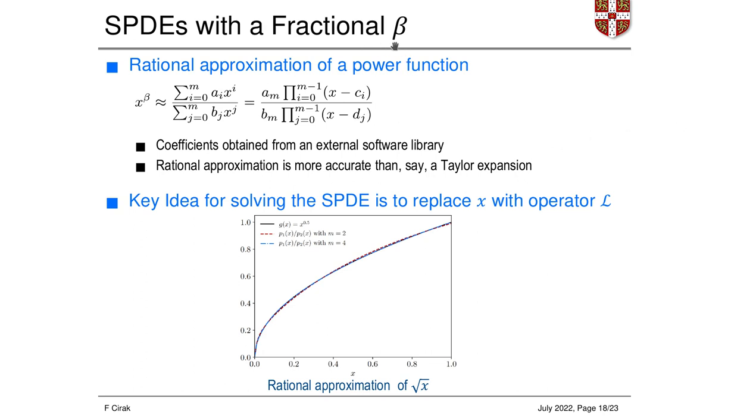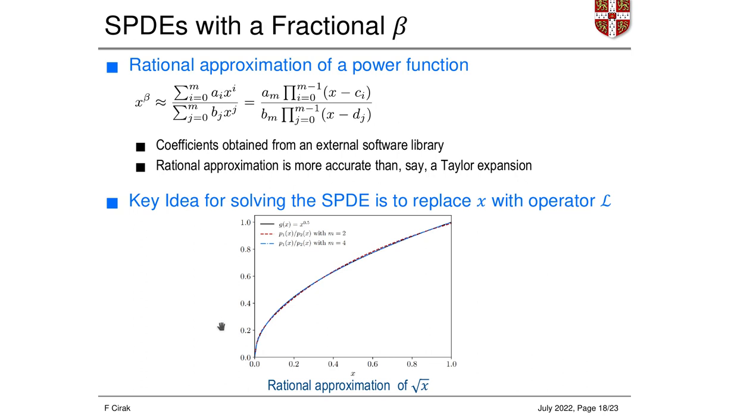beta is fractional valued. Without going into the details, our general idea is that we approximate a power function x to the power of beta using rational approximation. In the theory of interpolation, rational approximation is more accurate than, say, a Taylor series expansion.